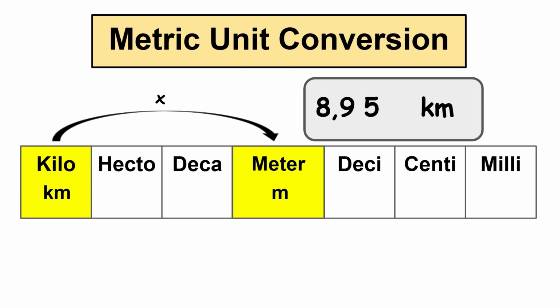So in this case, we should multiply 8.95 kilometers by 1,000, which means we simply take the decimal in the number 8.95 and move it 3 places to the right. Therefore, 8.95 kilometers is equal to 8,950 meters.